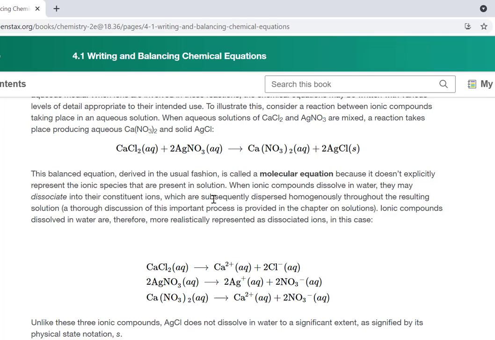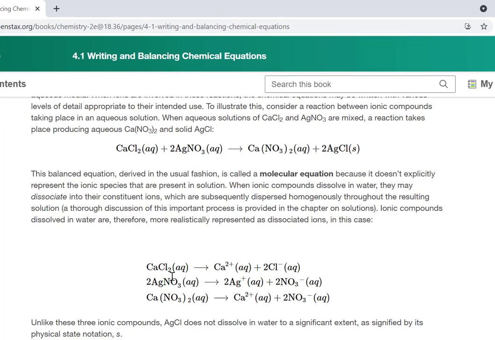The first thing to talk about is that when we break it into two parts, with the calcium chloride there was only one possibility, calcium and chloride. Here we have silver, nitrogen, oxygen. So we might imagine there could be three parts. There's not going to be three parts. Or there's more than one way to break this apart.